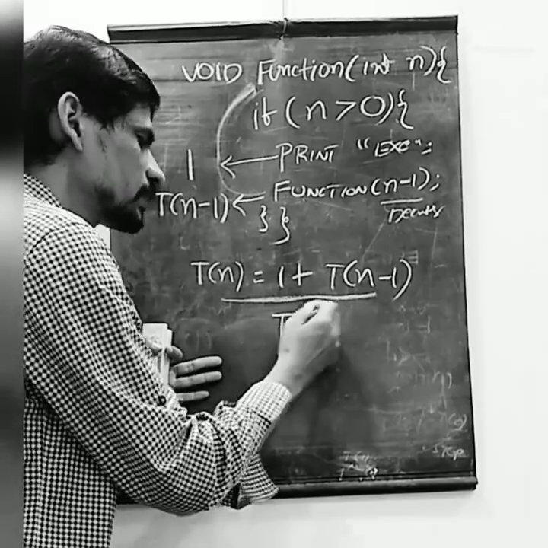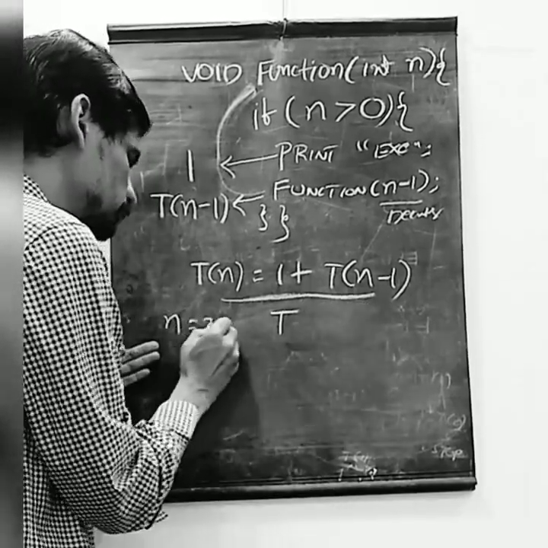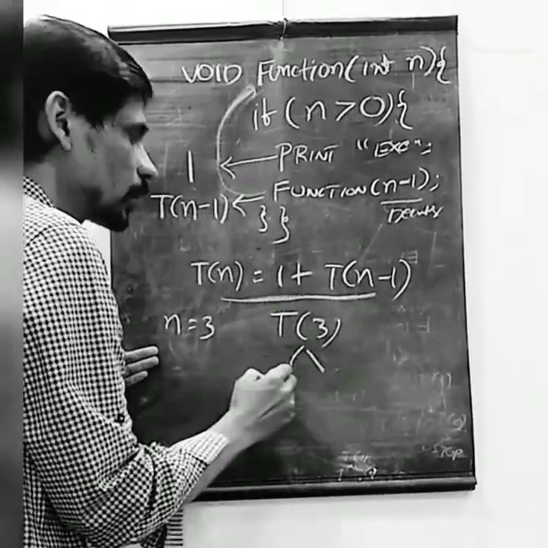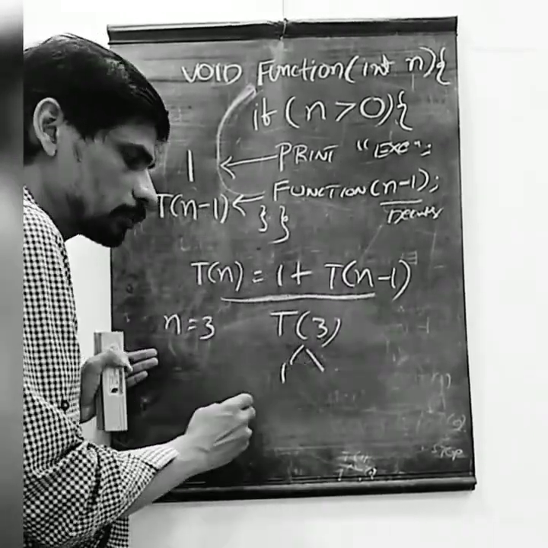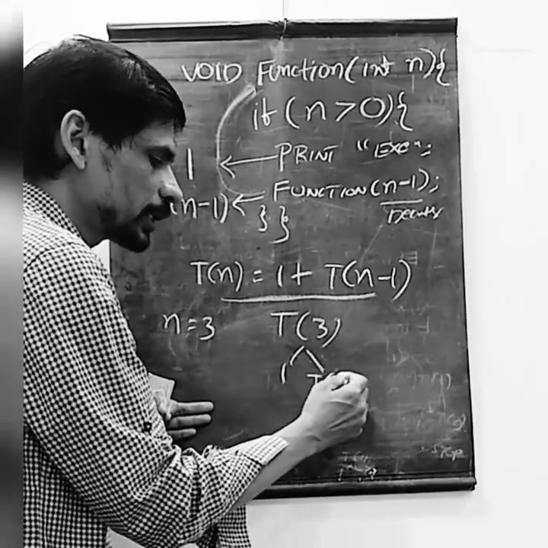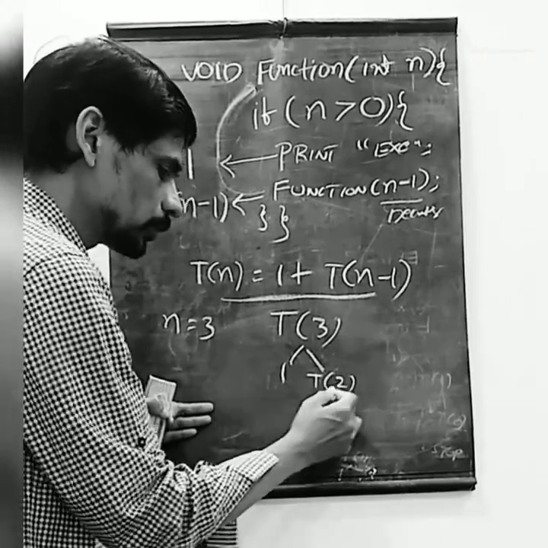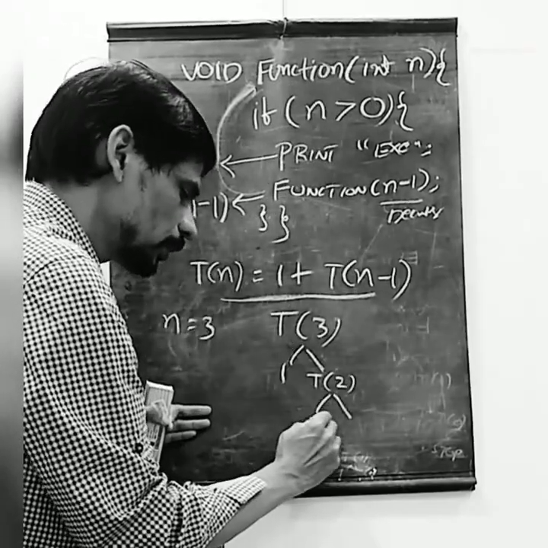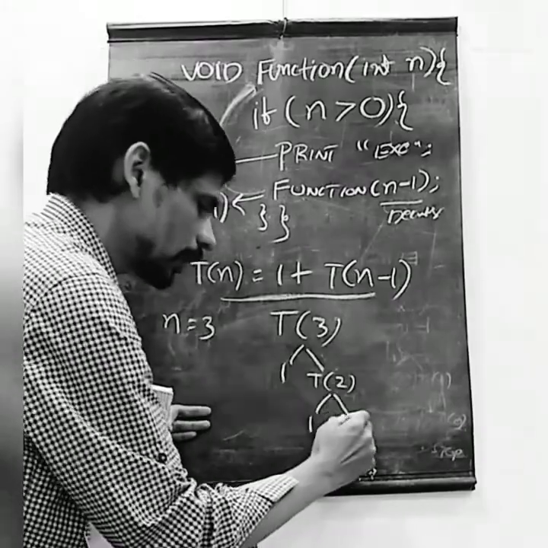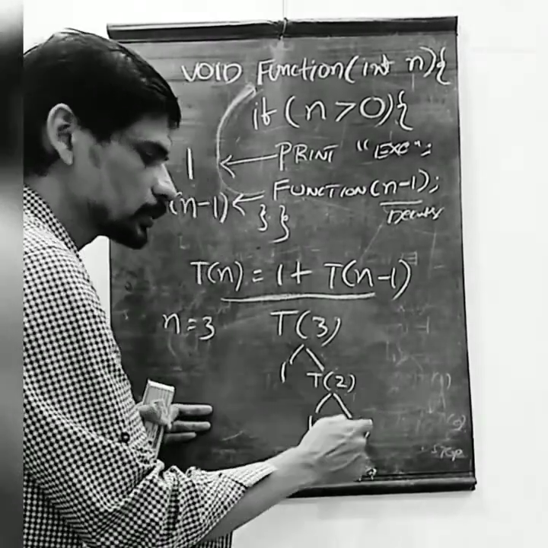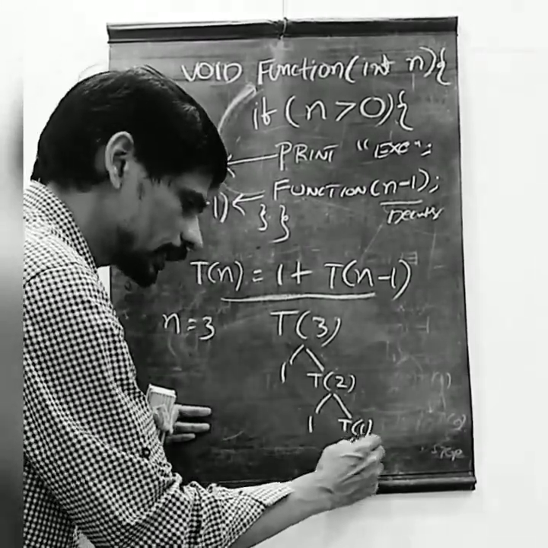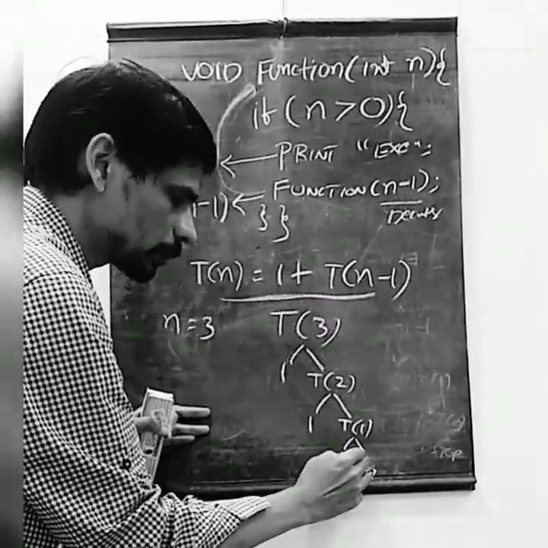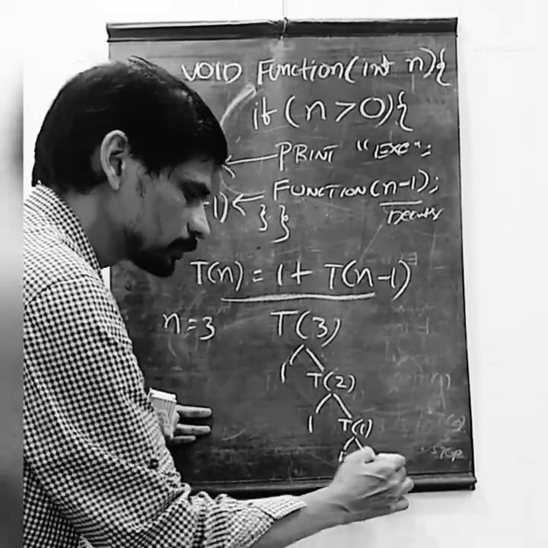So let's imagine my n is 3. First I will call this function t of 3. Then the print statement will print one time, constant time. Then 3 minus 1 becomes 2. Then again t of 2, 2 is greater than 0. Then one time I will print, and after that t of 1, because 2 minus 1 equals 1. Again I will call this function. 1 is greater than 0, I will print one time, and 1 minus 1, t of 0.